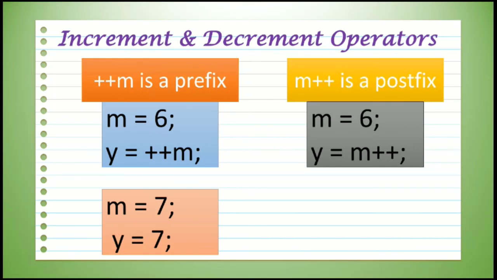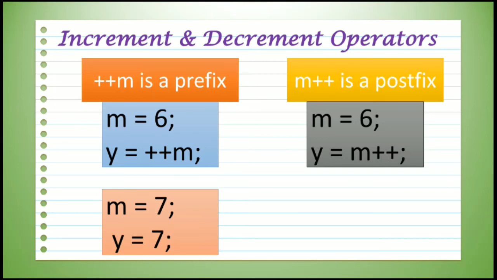because if you look at these statements, we have assigned the value 6 to m. Next, we are assigning the value m plus plus to y. So here we are using the postfix operator, that means the value of m, that is 6, will first be assigned to y.